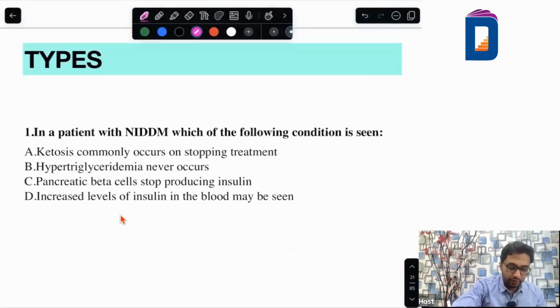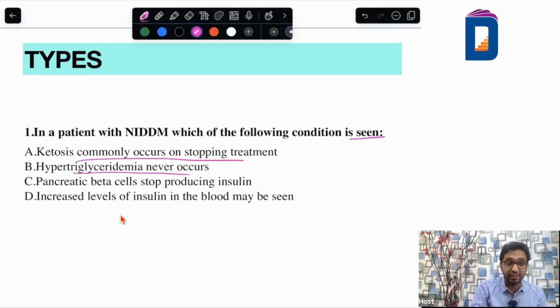Now, in a patient with non-insulin dependent, type 2 diabetes mellitus, which of the following conditions is seen? Ketosis commonly occurs on stopping treatment. Is that correct? Ketosis doesn't occur on stopping treatment because the body can still utilize glucose. Yeah, it is wrong, Mahesh.